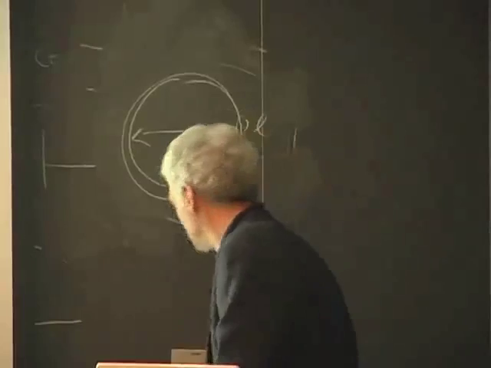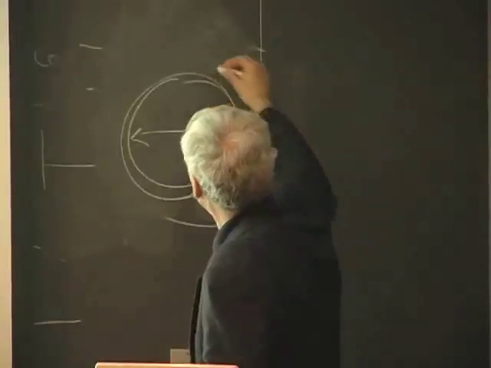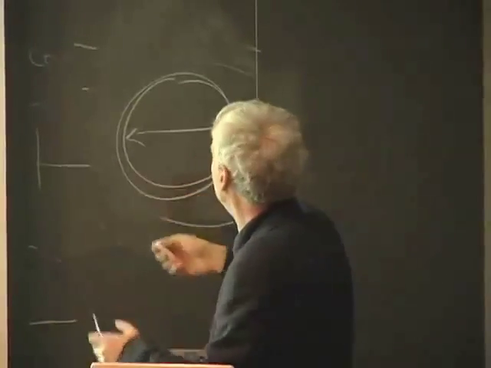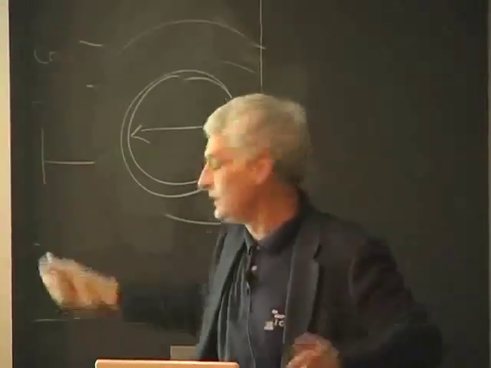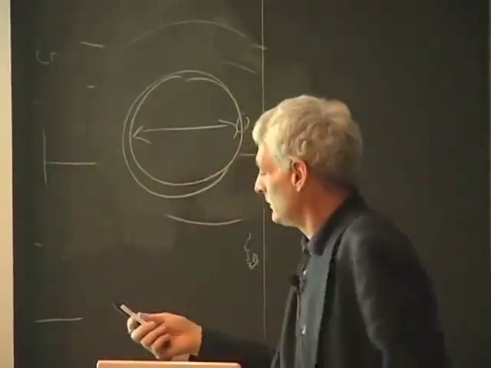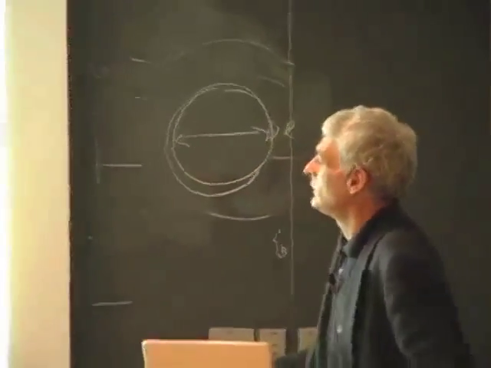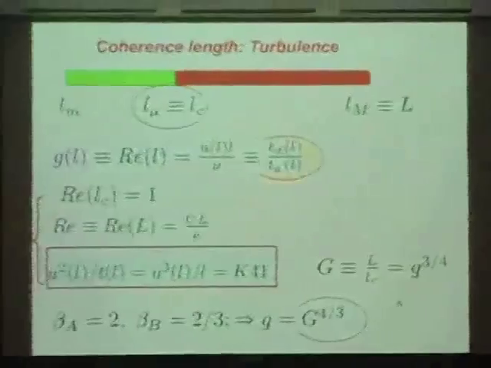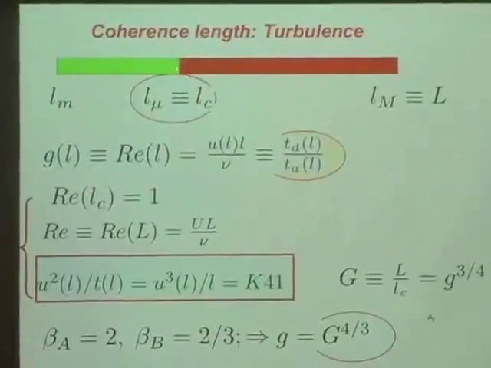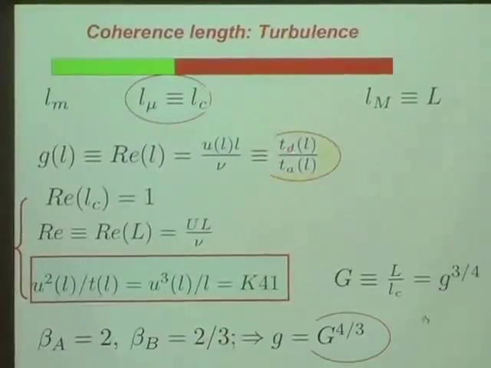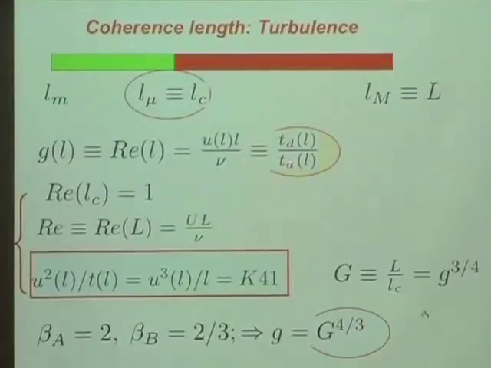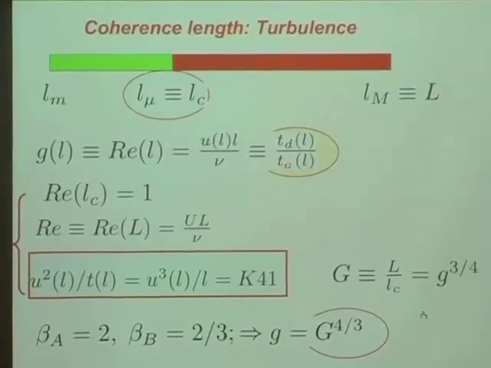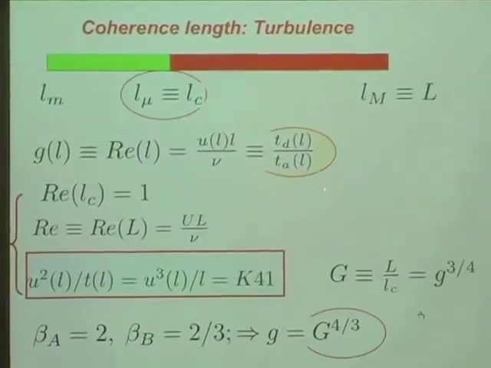And diffusion is the time it takes for this vortex to diffuse away and disappear and lose coherence. So when we do this ratio, by definition, the coherence length is the crossover where diffusion and advection come to the same. Please do not forget that to me advection dominates at the macroscopic scale.